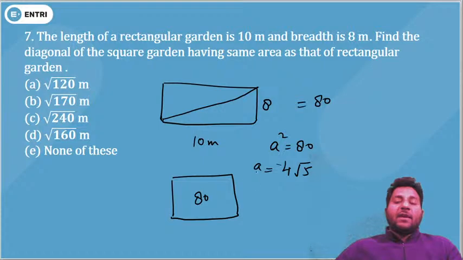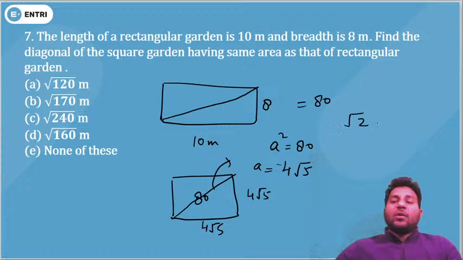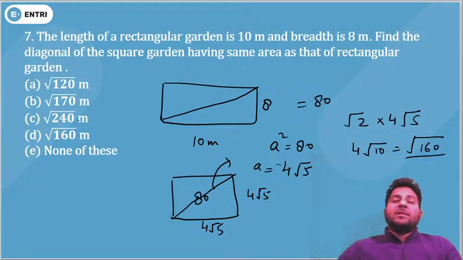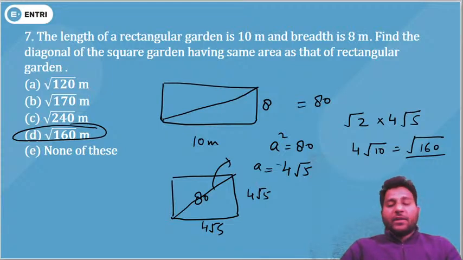Now, as we know, if the side is 4 root 5, its diagonal will be root 2 times its side. That is 4 root 10, which means root 160 will be the correct answer. Yes, very good.